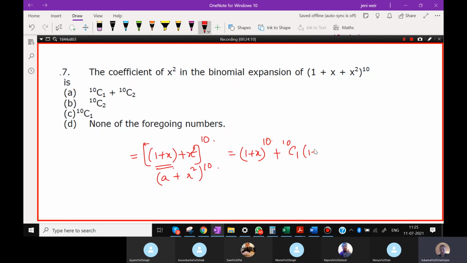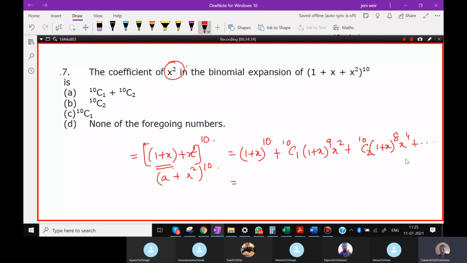That is, (1 plus x) to the power 9 into x square, plus 10c2 into a to the power 8, (1 plus x) to the power 8 into x to the power 4, and so on. Now I'm looking for the coefficient of x square only.